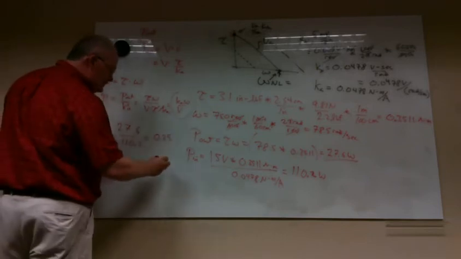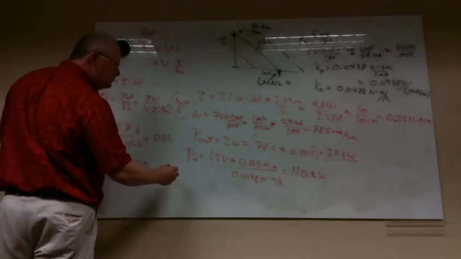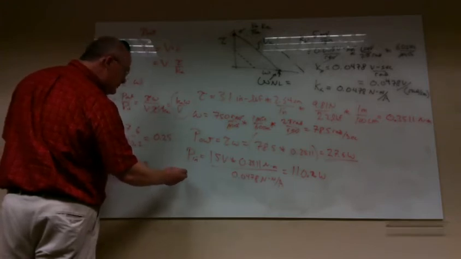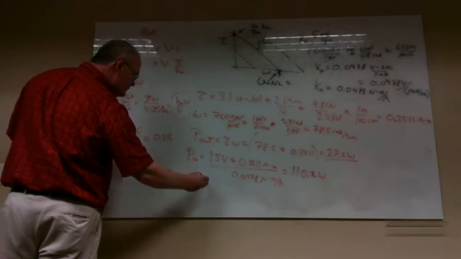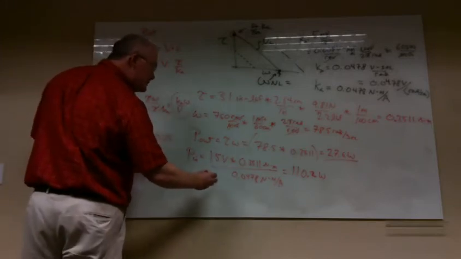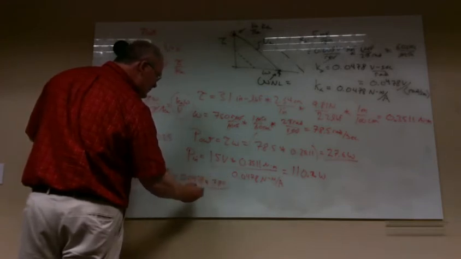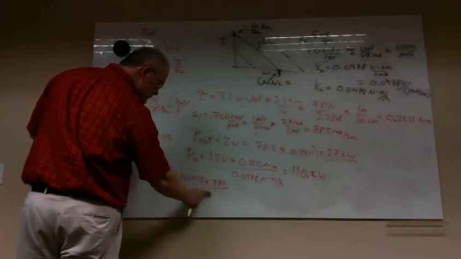So what I'm now saying is that eta is equal to K sub A, which is 0.0478, times the speed, which was 78.5, divided by 15 volts. And this is what we got. I'm going to leave off my units here.